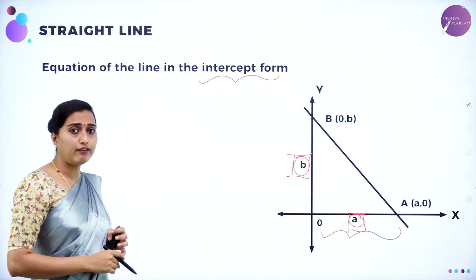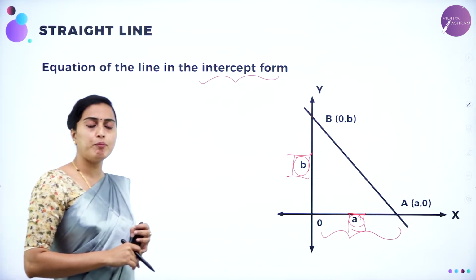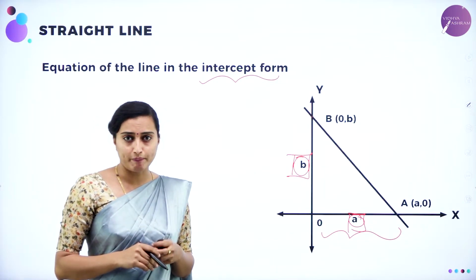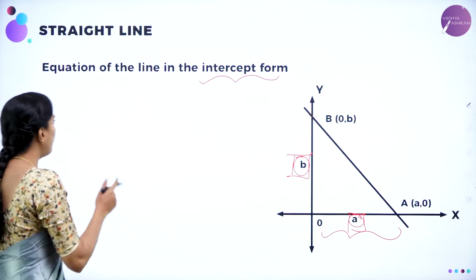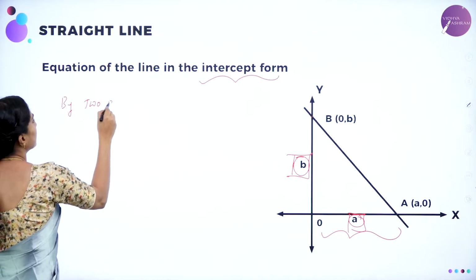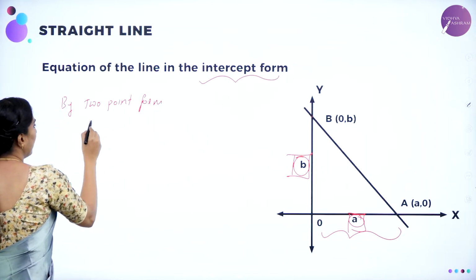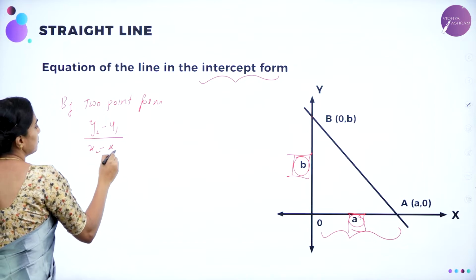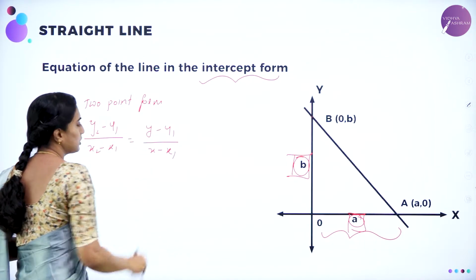To reduce to that form, let P (x, y) be any point on the line. You can use the 2-point form. By 2-point form, we know that (y2 minus y1) divided by (x2 minus x1) is equal to (y minus y1) divided by (x minus x1).